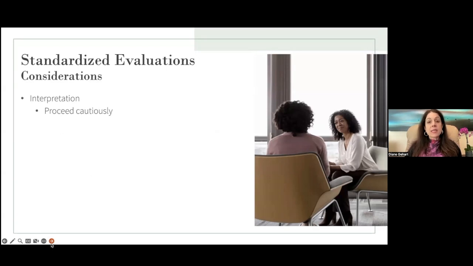When you're using a standard instrument, you do want to be cautious in how you interpret it, because your client is just checking a box at the end of the day: is XYZ a concern for you frequently, often, never. So again, there's a certain amount of subjectivity there. They are standardized, but even so, there's how a person might interpret the question.